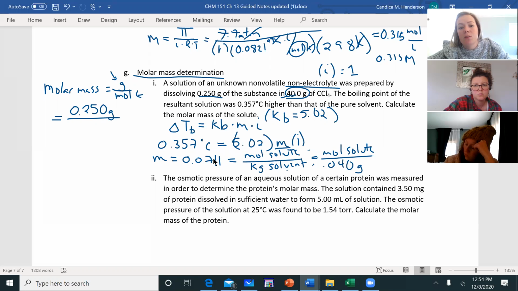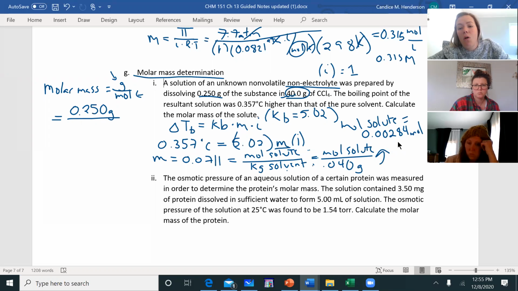If I multiply this over here, I can figure out my moles of solute, right? So moles of solute in this case will equal 0.00284 moles. So I used my colligative properties to figure out the moles.